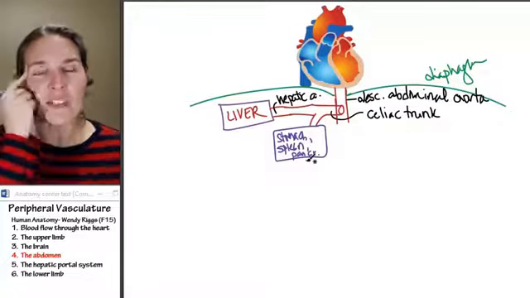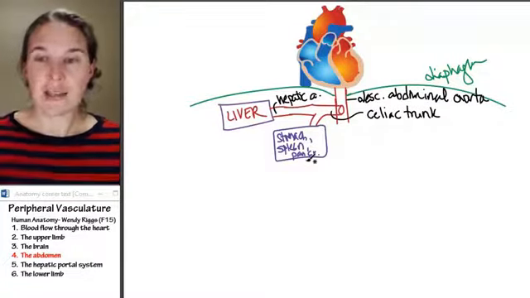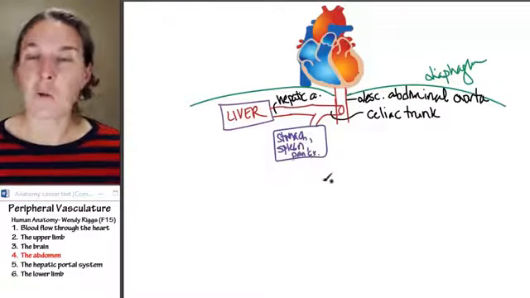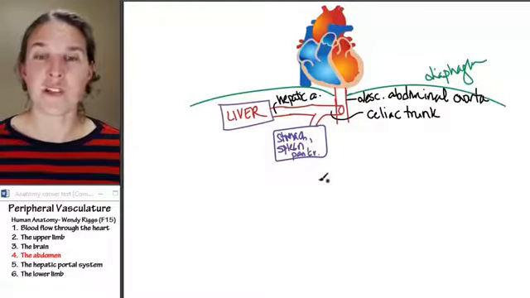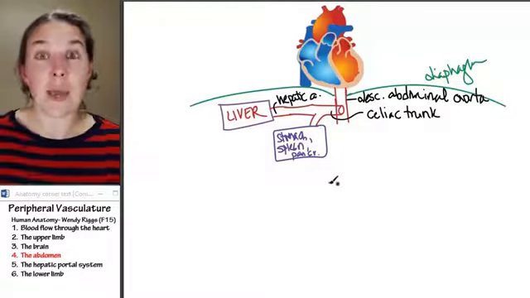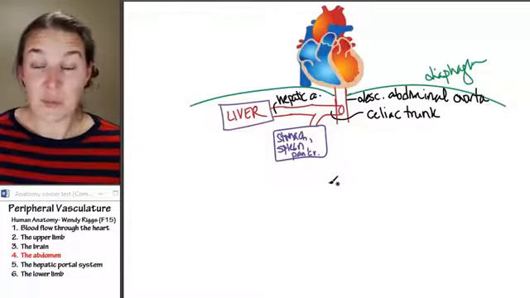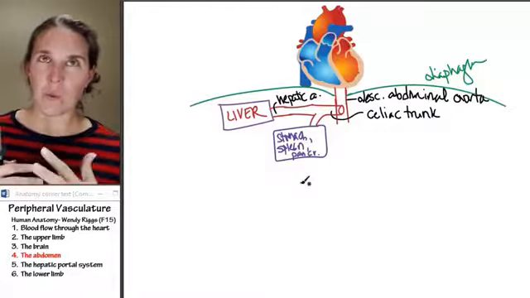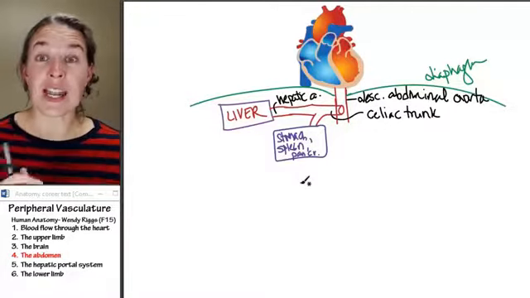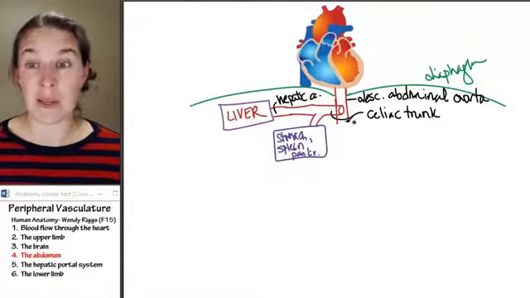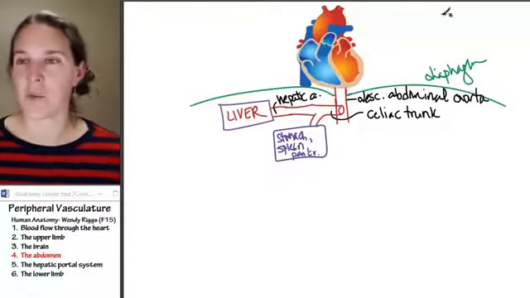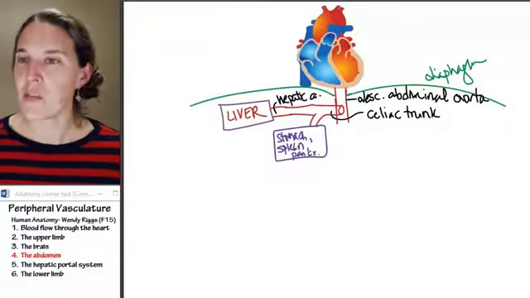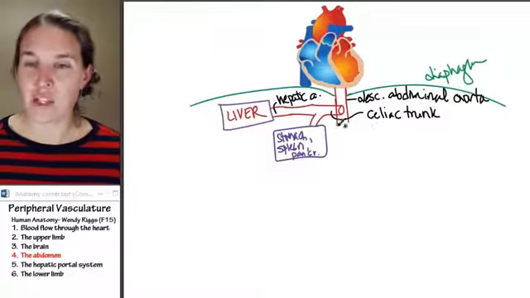And think about this, nutrient exchange. Stomach doesn't do a whole lot of absorption during the digestive process, but it does some. It absorbs some things, and the absorption happens in the capillary beds. That's branch number 1.